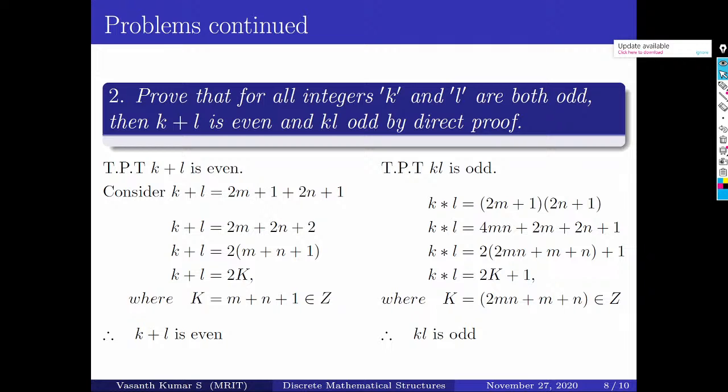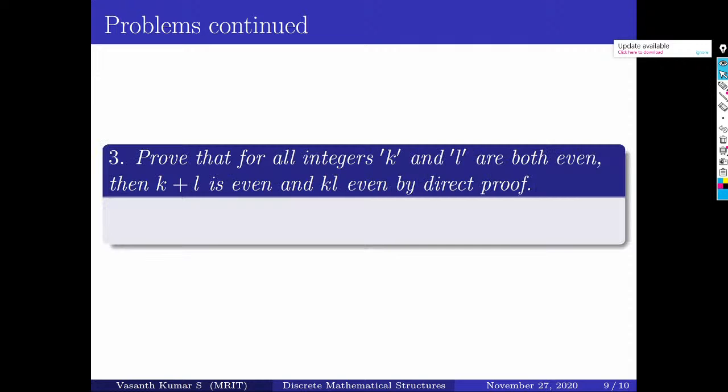Okay. Next problem. Similarly, the same problem is given here. Prove that for all integers k and l both even, then k plus l is even and kl is even by direct proof.